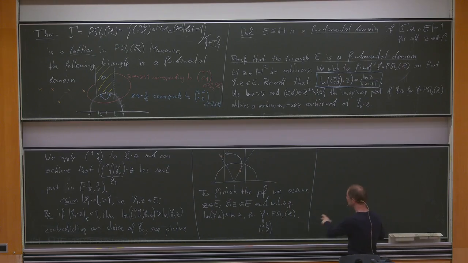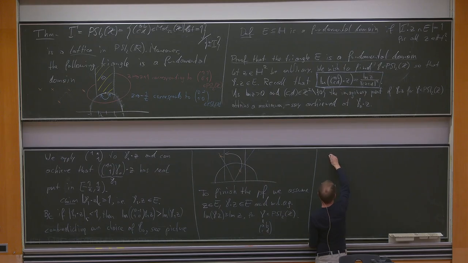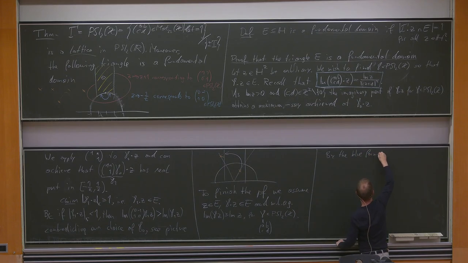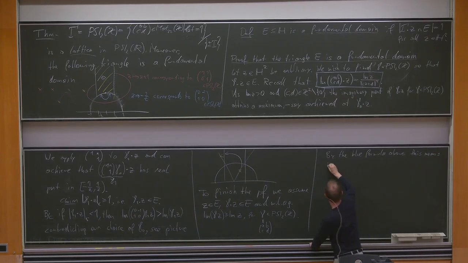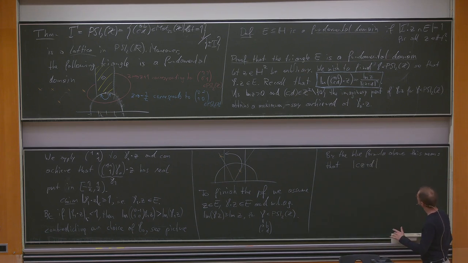So that means, by the blue formula above, this means that CZ plus D must be less or equal than 1, right?